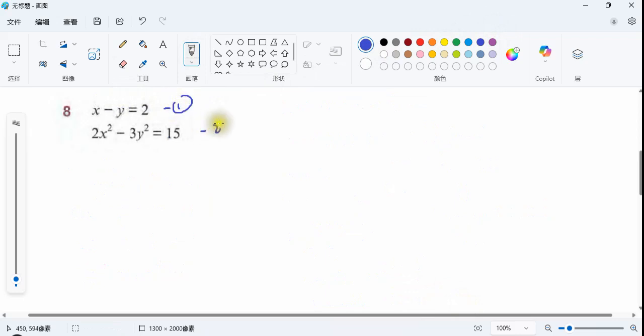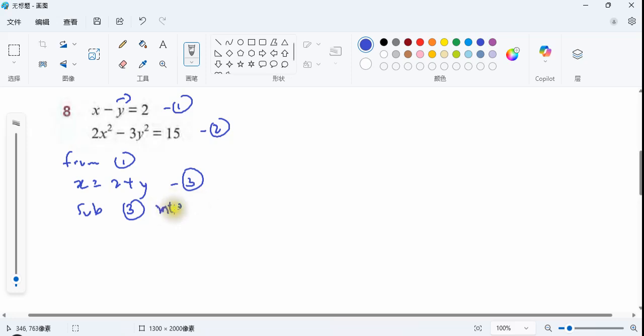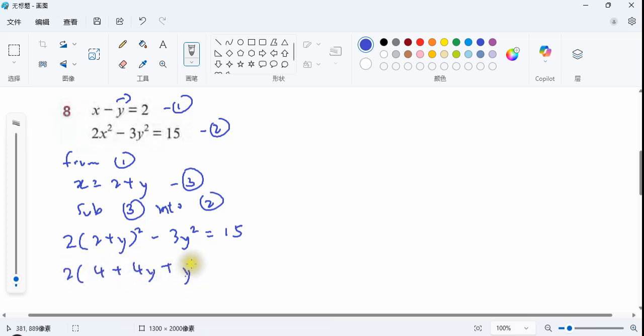Okay, question number 8. So this is equation 1, this is equation 2. So from equation 1, x equal to 2 plus y, become equation 3. So we sub equation 3 into the equation 2. Then we have the 2 plus y squared minus 3y squared equal to 15. 2 times 4 plus 4y plus y squared minus 3y squared minus 15 equal to 0.